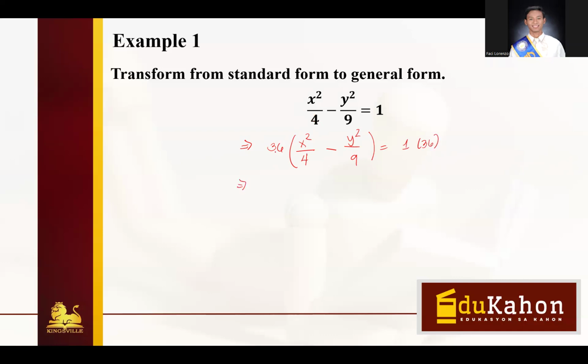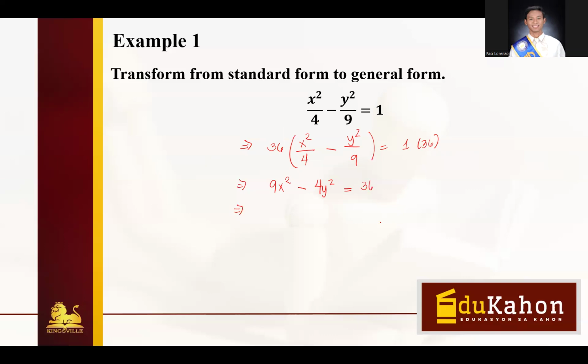If we multiply 36 to x squared over 4, we know that 36 divided by 4 is 9, and 9 multiplied by x squared is 9x squared. So we have 9x squared minus 36 divided by 9, that is 4, and 4 multiplied by y squared is 4y squared. Then we equate this to 1 multiplied by 36, that is 36.